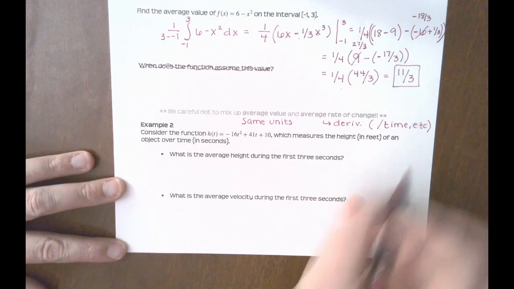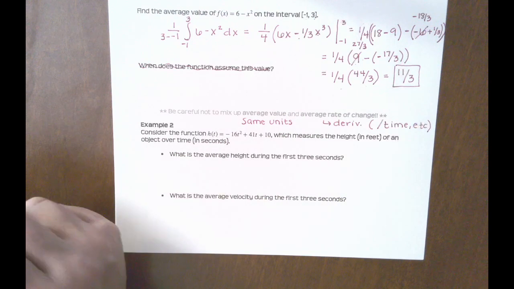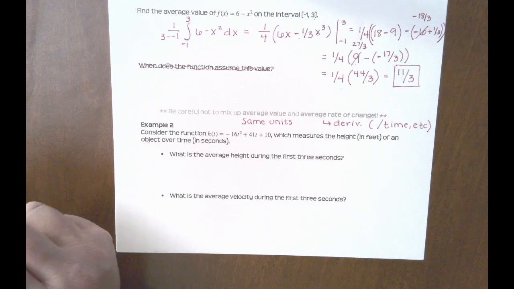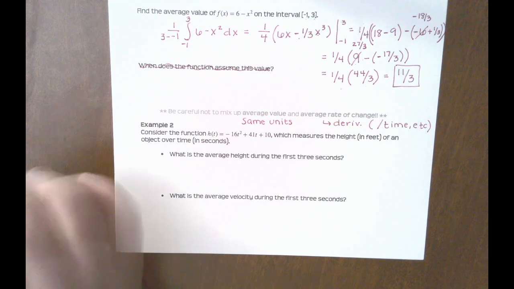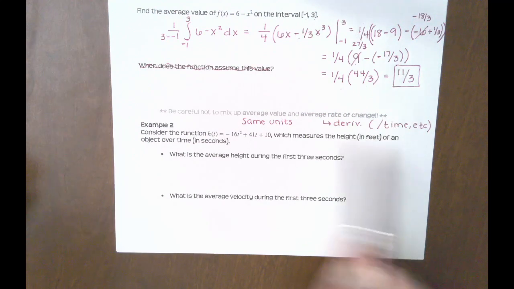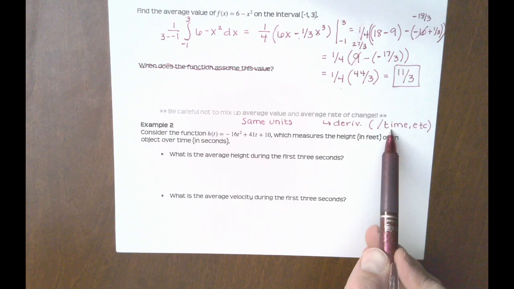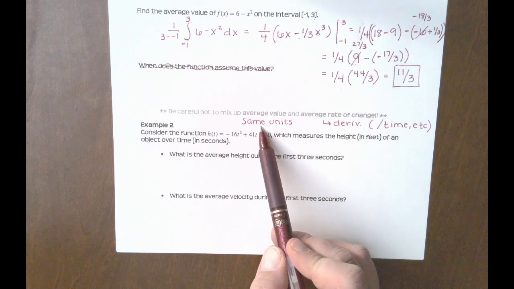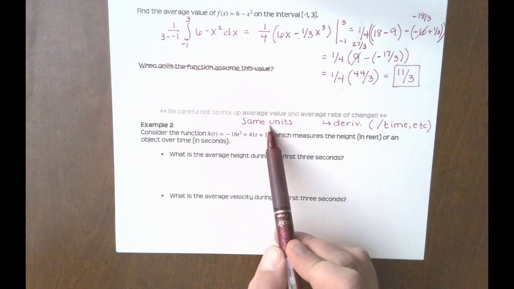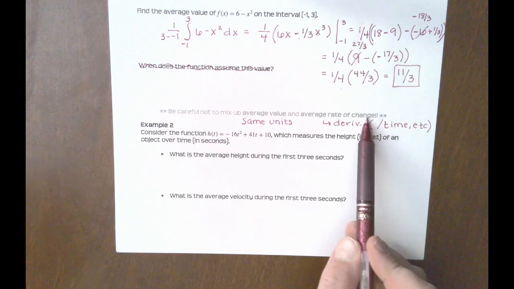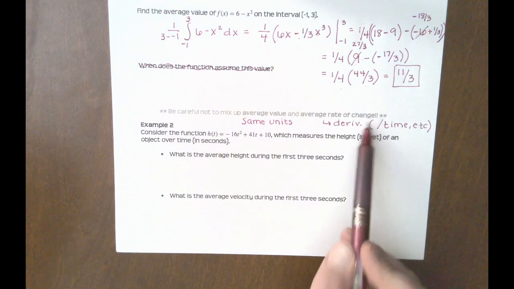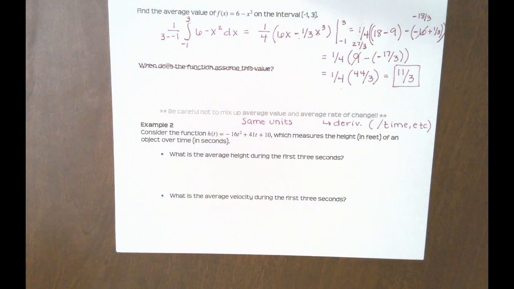So if I did an average rate of change on that temperature function, which is like a slope calculation, that's telling me how much my temperature is changing per hour. And notice my per hour. If I want just an average temperature, that's when I'm doing average value. If I want the average rate that the temperature is changing, that's when I do AROC. So maybe this next example will make that a little more clear.